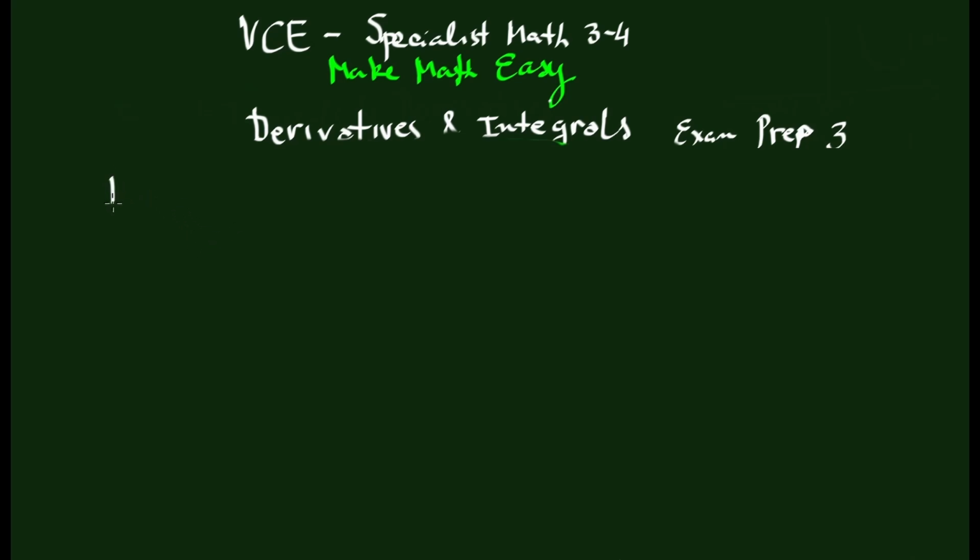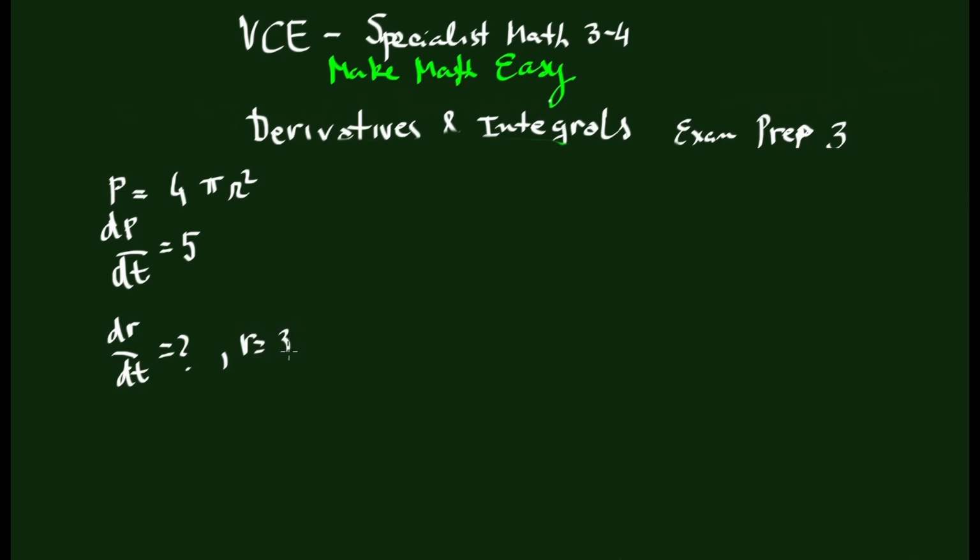Let's do more examples with derivatives, and that's the chain rule. So let's say P equals 4 pi r squared. And we have, say, dP by dt equals 5, and say we wonder what would be dr by dt when r is equal to, say, 3.